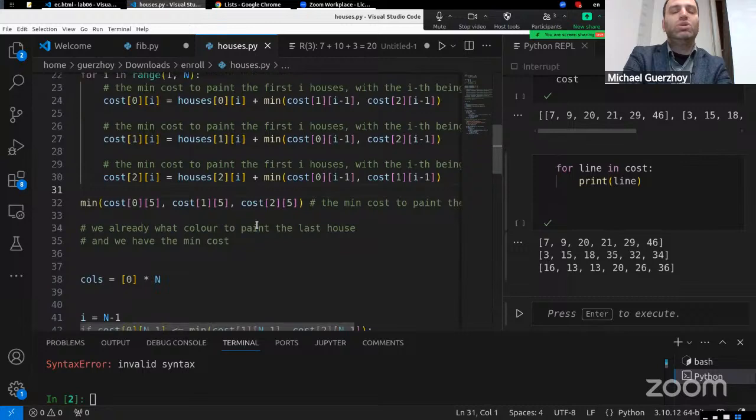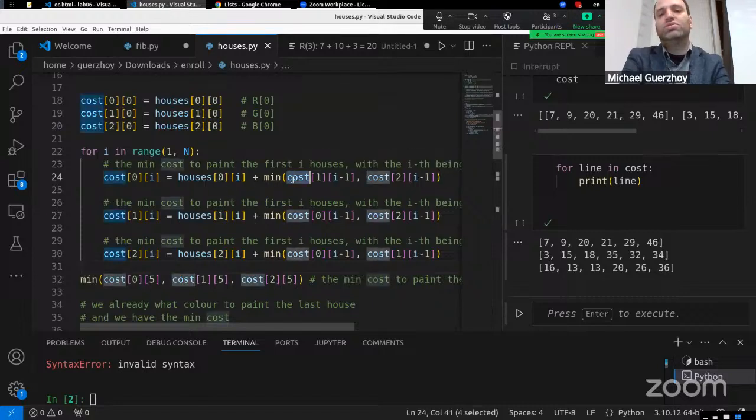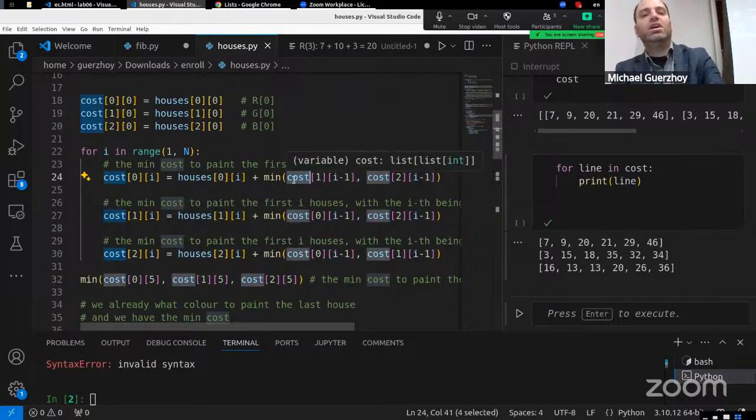And all that we need to do is literally just take this and change the calls here to actually be function calls instead of looking up the solutions that we already built into the lists.